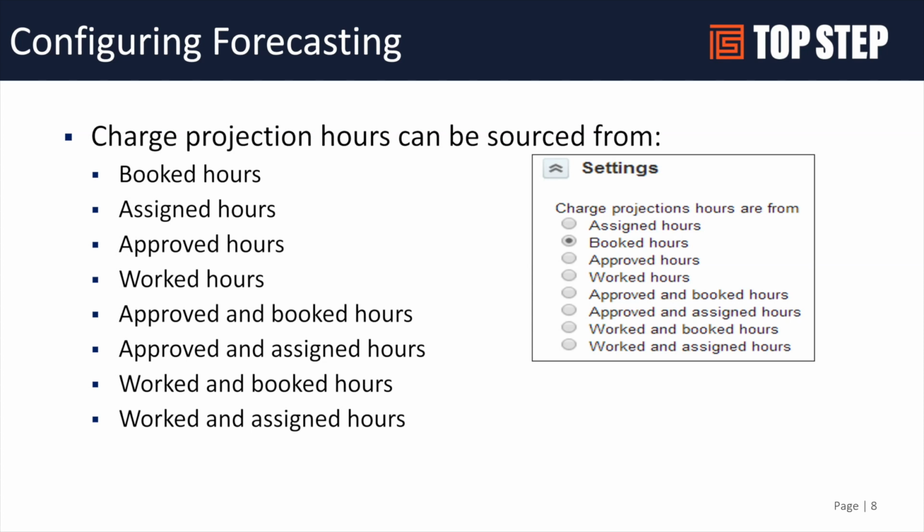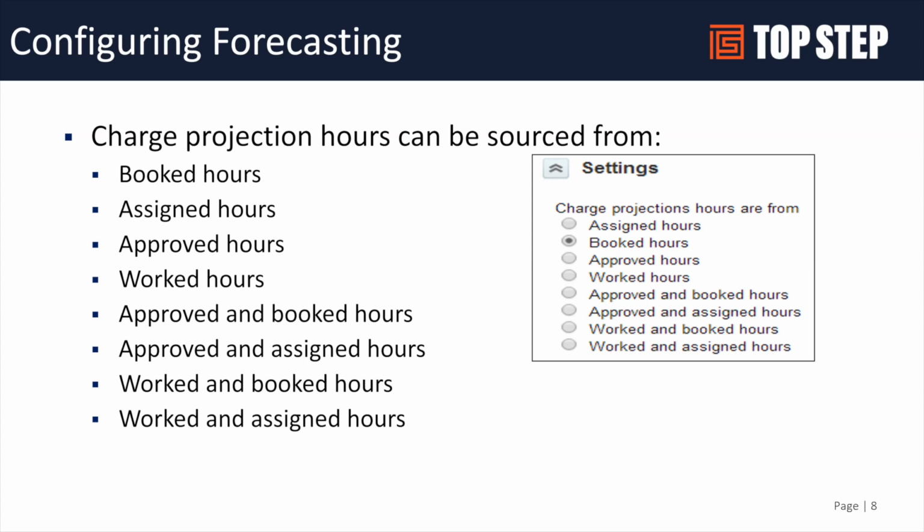Worked gives you a little more flexibility because as people put time on their timesheet, it automatically replaces the booked hours. So if I was scheduled to work 40 hours last week, assuming 8 hours a day, and on day one I enter 4 hours on my timesheet instead of the 8 that the bookings represented, I will get a 4-hour projection for Monday and then 32 hours for the remainder of the week.